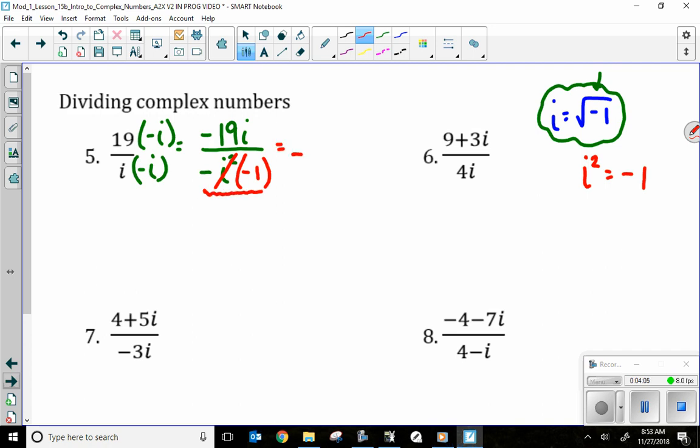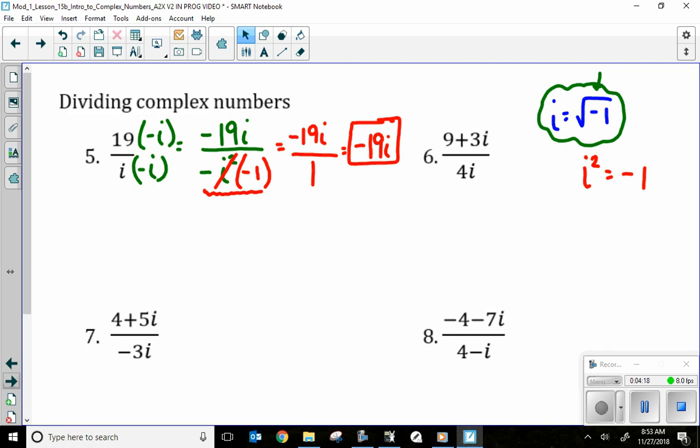It turns to a +1. So I got -19i over 1, which we can just say is -19i. No more imaginary number in the denominator. Now, for every one of these that we do, the denominator will not always go away, but the denominator should always end up without an i, or it should not be a complex number.